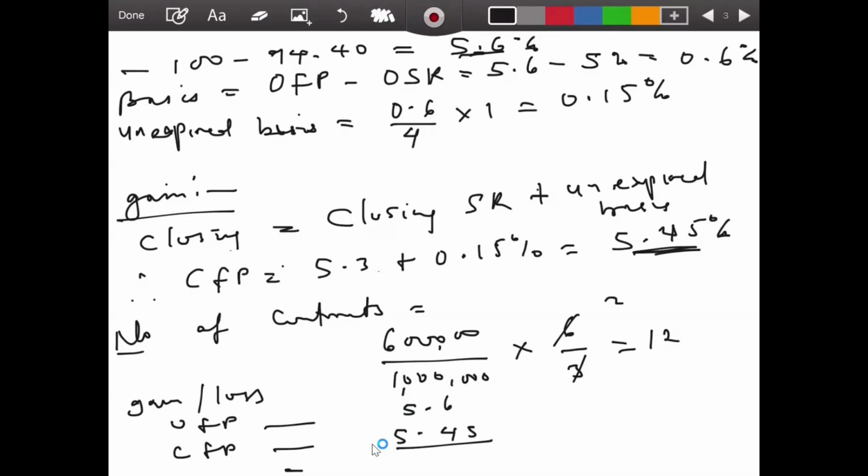So the loss will be 5.6 minus 5.45. That will be 0.15.